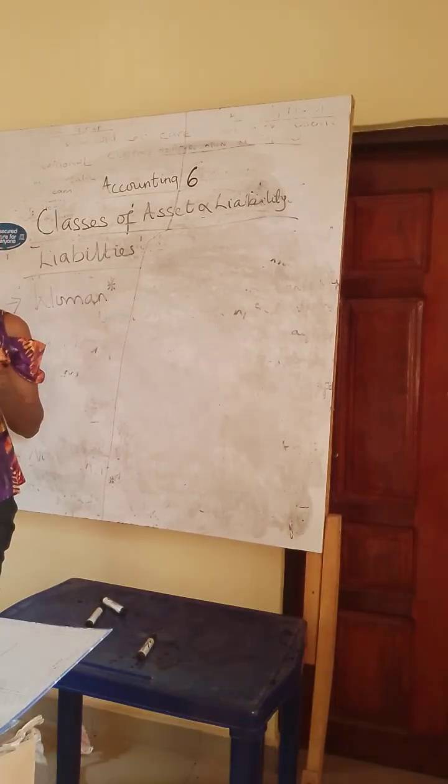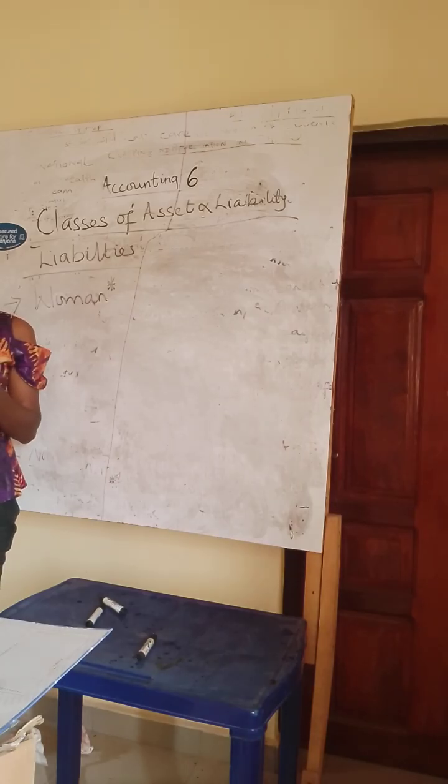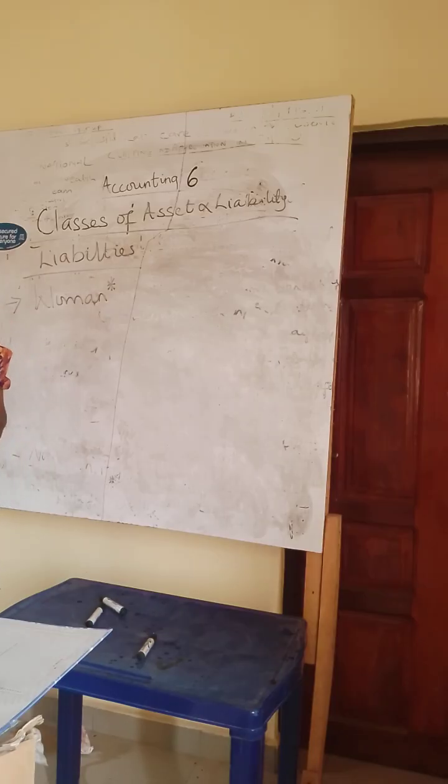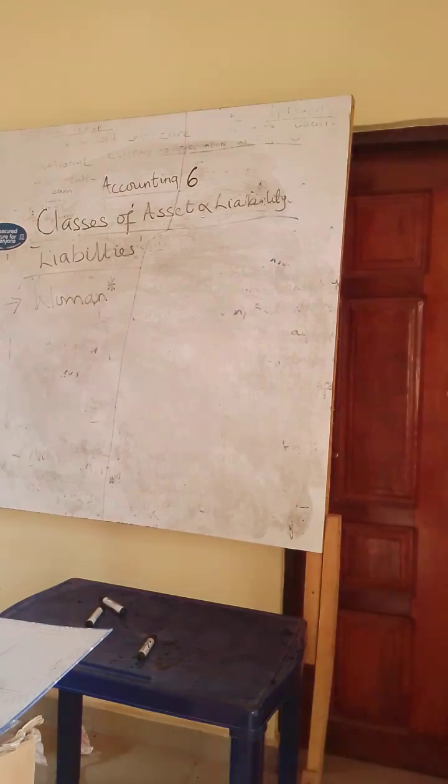So if, for instance, this particular woman has bought things everywhere, she has bought bags from the Gucci shop, from here, she has bought shoes everywhere, and she has not paid. And you, as the intending husband, have not inquired from her, and you just say, "I marry you."